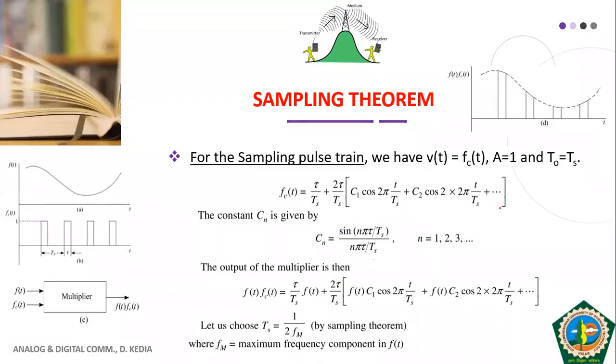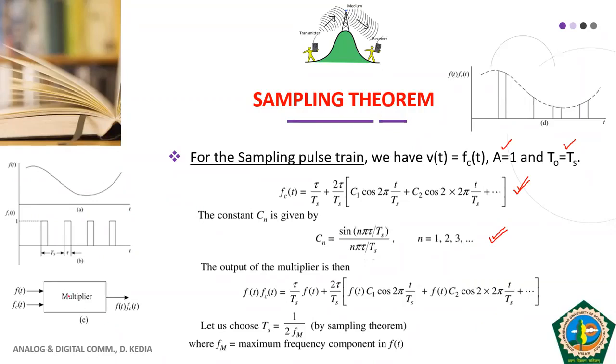So here again we have taken the amplitude of our sampling pulse train as 1 and the time period has been taken as Ts. If you substitute these values, my sampling pulse train becomes like this. This is again the coefficient of Fourier series.